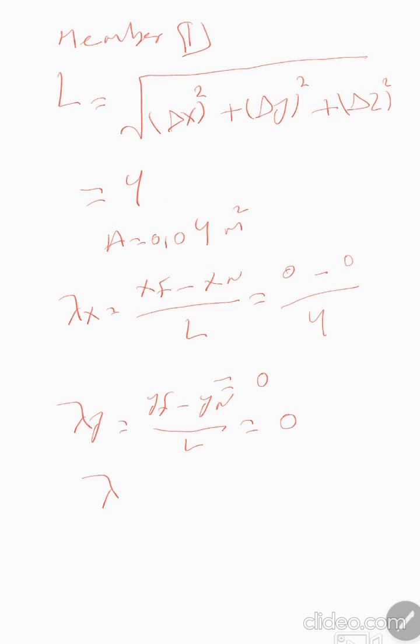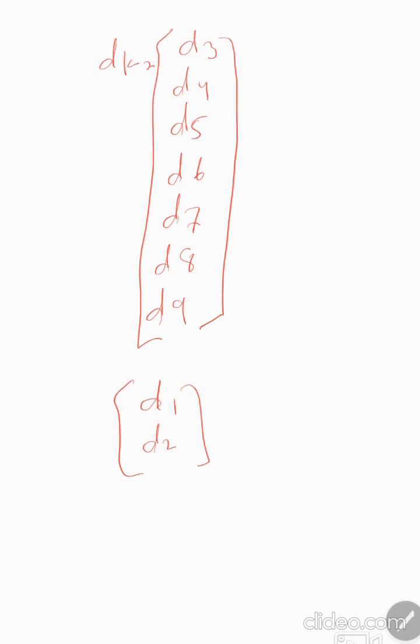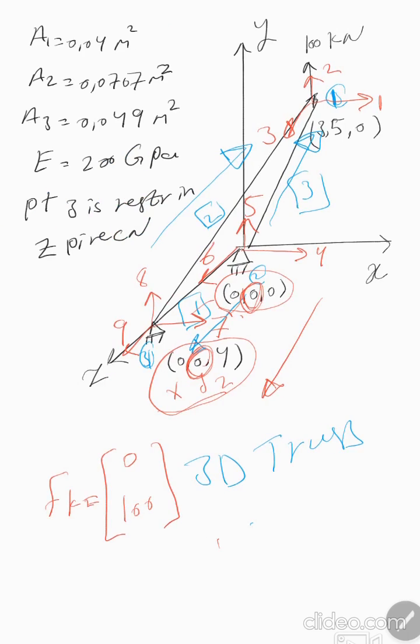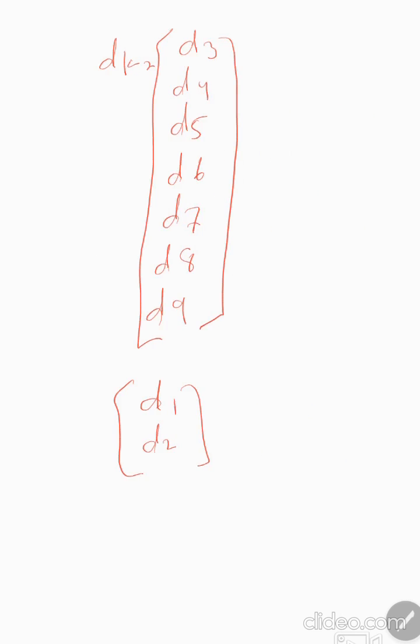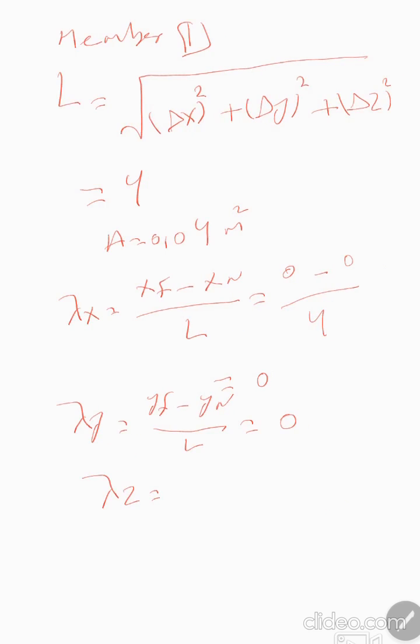For lambda z, we have 4 for the far node. So the far node is 4 minus 0 over L, which equals 1. Then the next step is up to you.